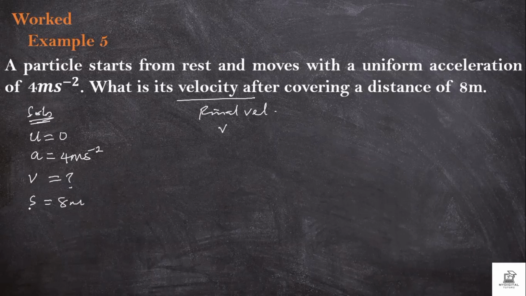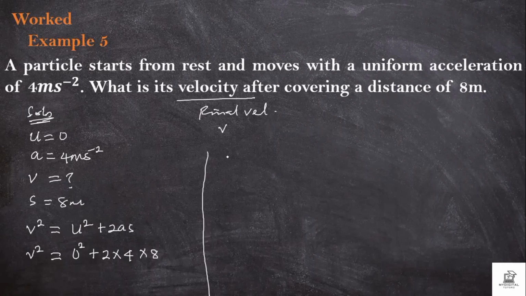So which formula is appropriate here? Are we going to use s is equal to ut plus half at squared? Here we don't have time, so we cannot use it. So I think the appropriate formula here is going to be v squared equal to u squared plus 2as. So in that case, v squared, which you are looking for, is equal to u squared, which is 0 squared, plus 2 multiplied by the acceleration a, which is 4, multiplied by the distance covered, which is 8.